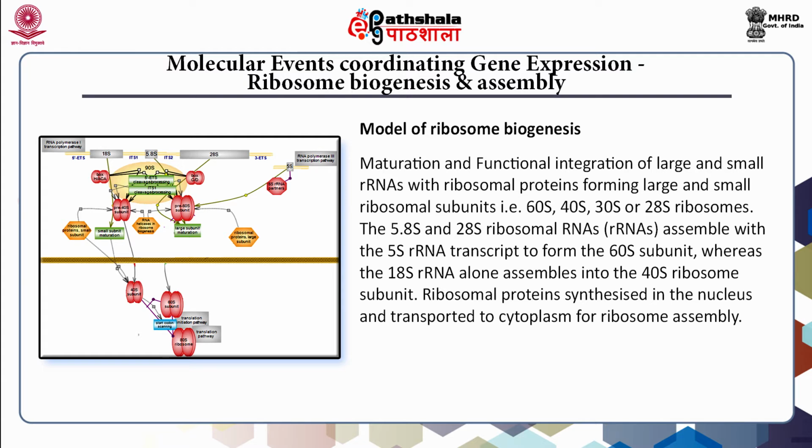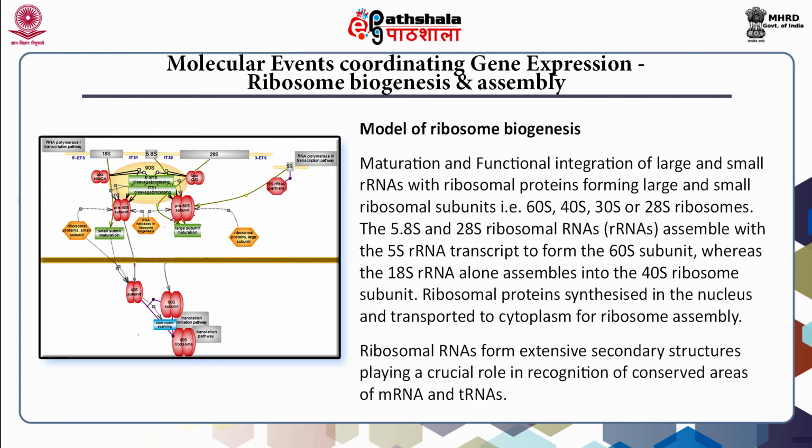Ribosomal proteins are synthesized in the cytoplasm and transported for the nucleolar based subassembly with their final assembly accomplished in the cytoplasm. The ribosomal RNAs form extensive secondary structures playing a crucial role in the recognition of the conserved areas of messenger RNAs and transfer RNAs.